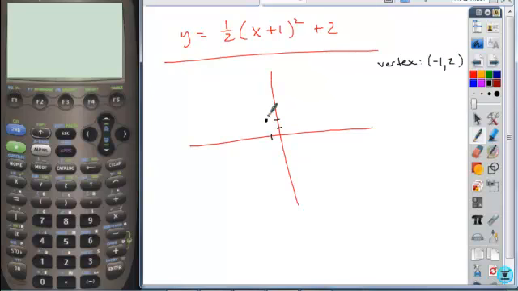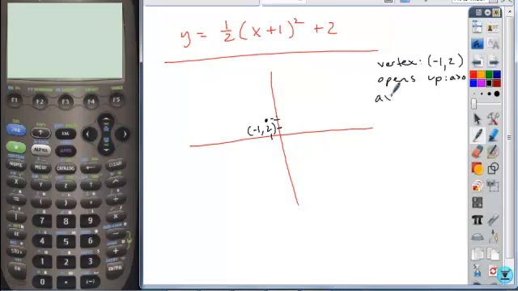So now, really quickly, is our graph going to open up or down? The a value is positive, so it's going to open up, right? Since a is positive. And so what this allows us to do is label our vertex right below, because we know it's opening up, so we're not going to cross through this label.